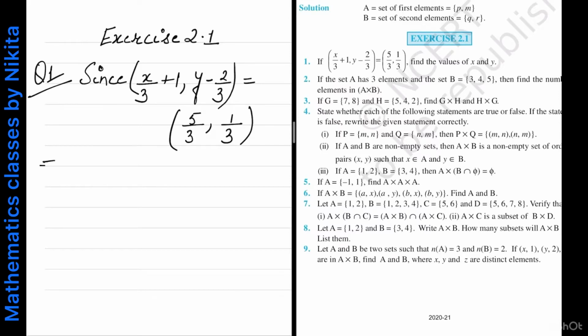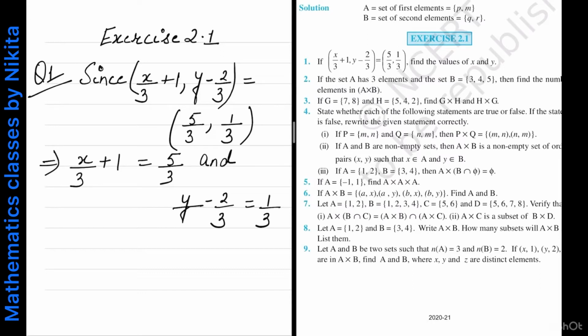So this implies that x by 3 plus 1, this is the first element of the first ordered pair, is equal to the first element of the second ordered pair, which is 5 by 3, and with this same we will have y minus 2 by 3 equal to 1 by 3. Now these are two linear equations in one variable, so you can easily solve them.